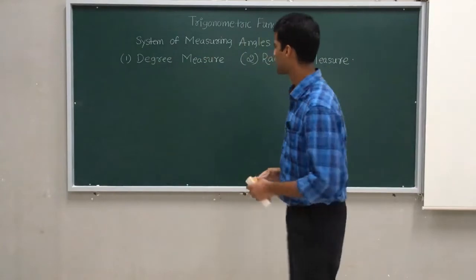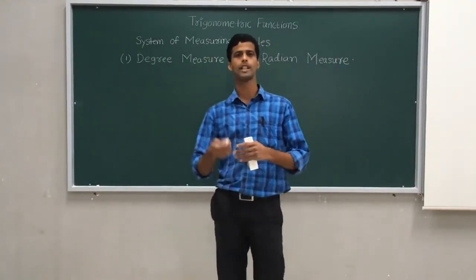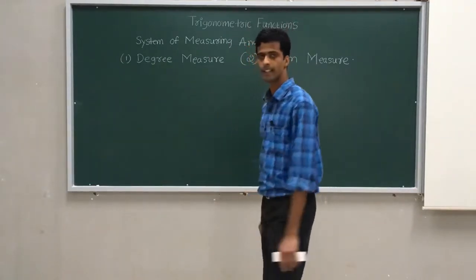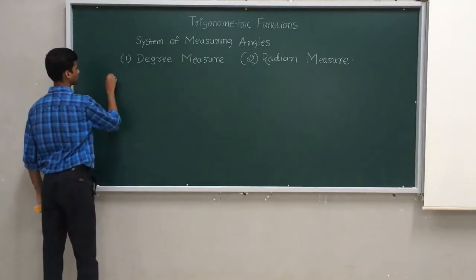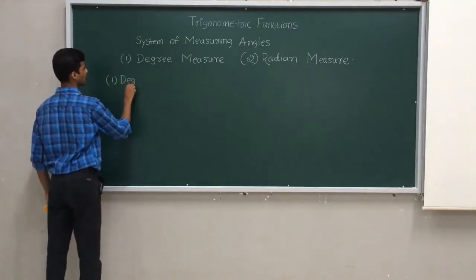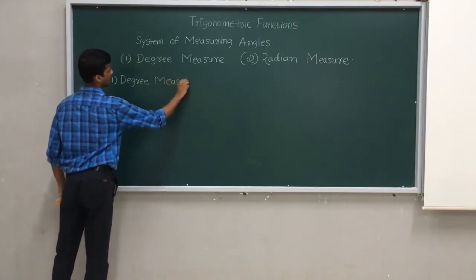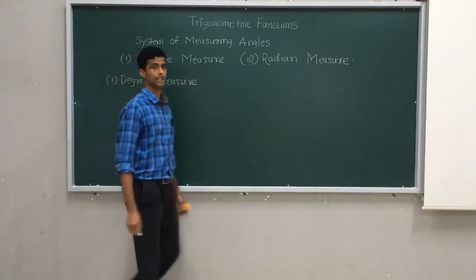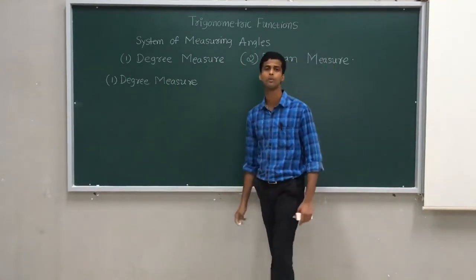So let me start with first degree measure, and when we get a satisfied idea about degree measure, then we will pass on to the radian measure. So let me start with degree measure. What do you mean by degree measure? Many times you will say 30 degree, 45 degree, 60 degree, 90 degree, 180 degree, 120 degree. What do you mean by that?